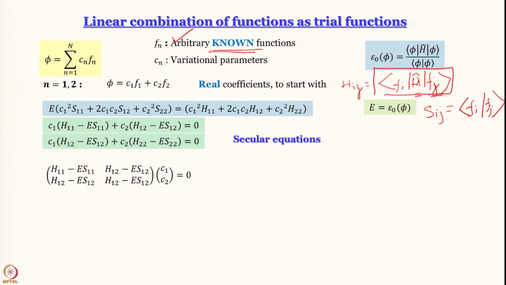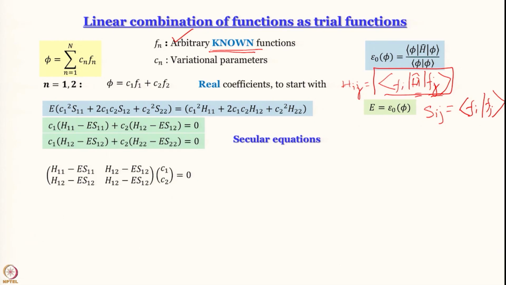And if I can do that, this is C1, a variable, multiplied by a number, plus C2, a variable multiplied by a number. So, it is just a set of two simultaneous linear equations, that is all.